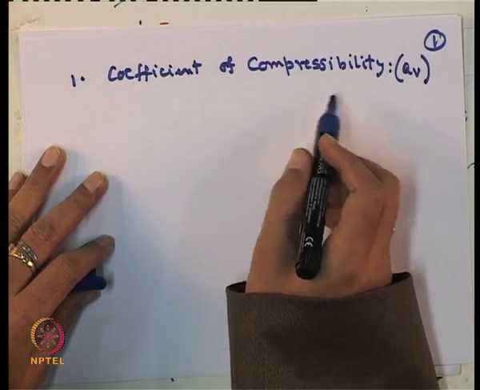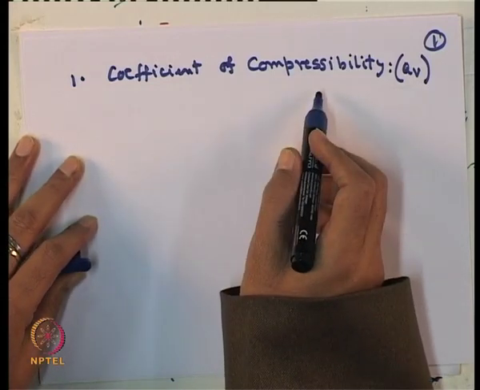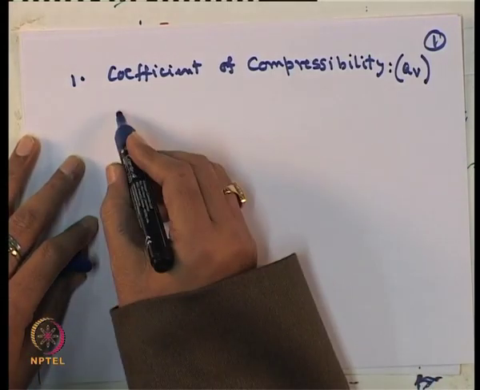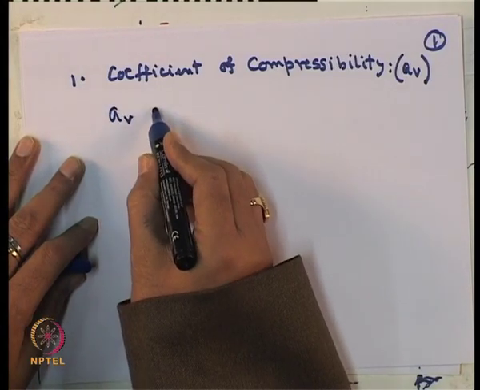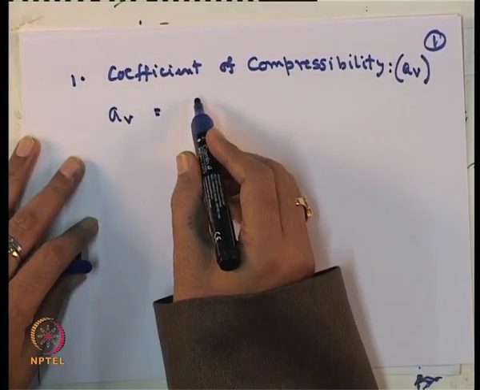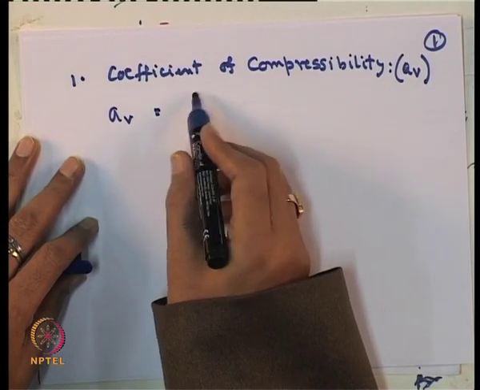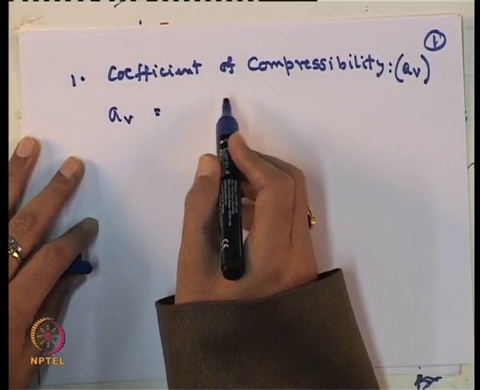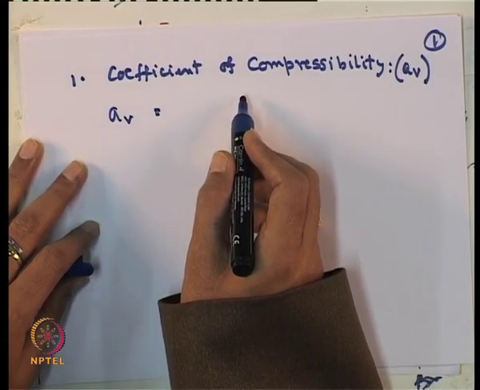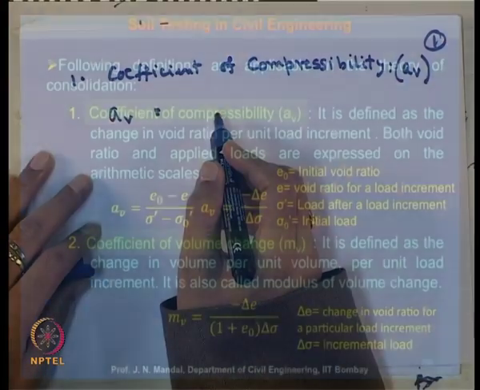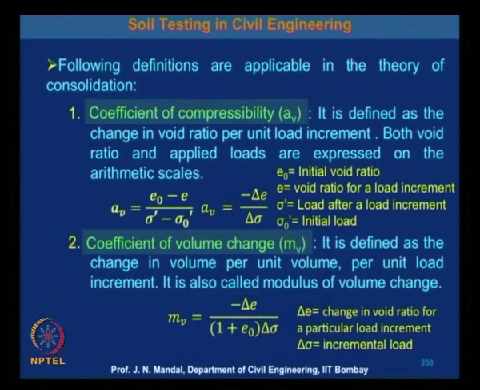So, this coefficient of compressibility, that is a_v, is defined as the change of void ratio per unit load increment, and both the void ratio and the applied loads are expressed on the arithmetic scale.